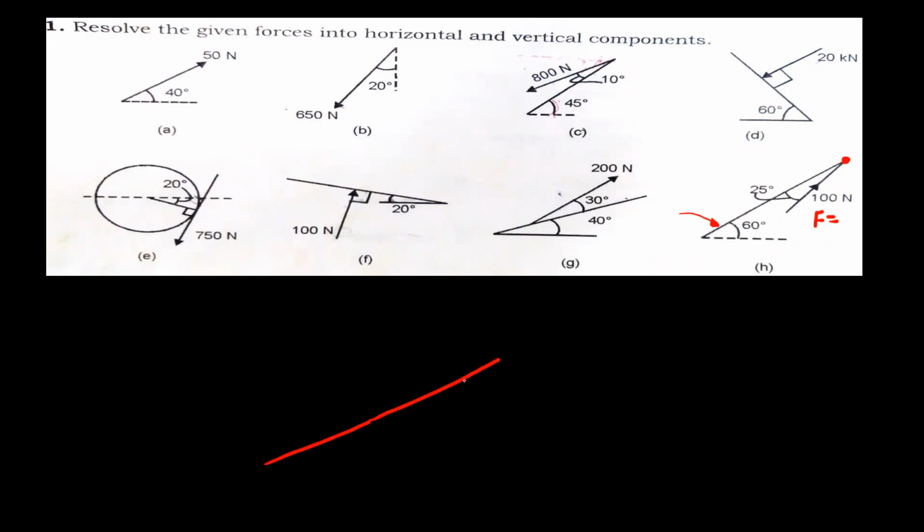So this is the inclined surface. And this is the ground. This angle is 60 degree for this inclined plane. We have selected this point as the origin. So you can draw the x and y axis.